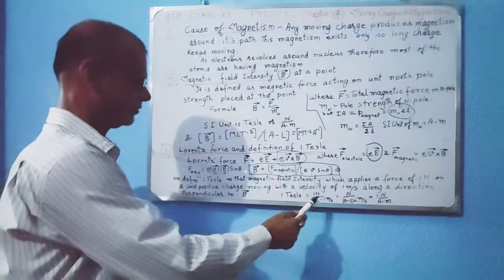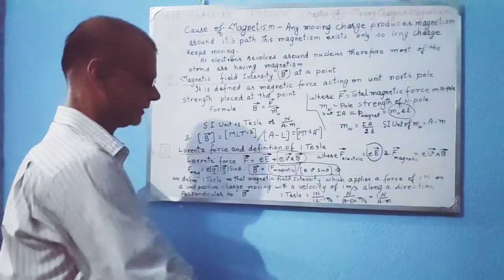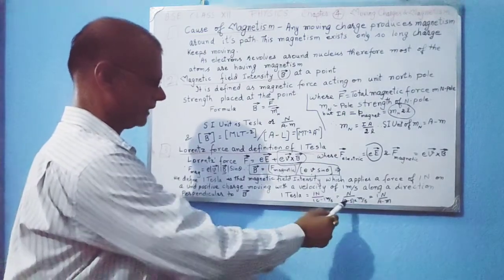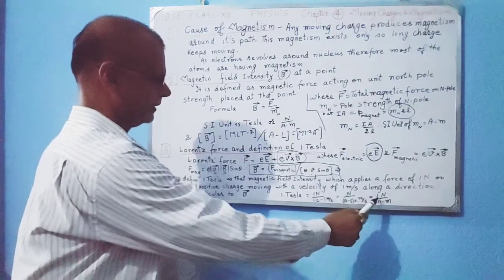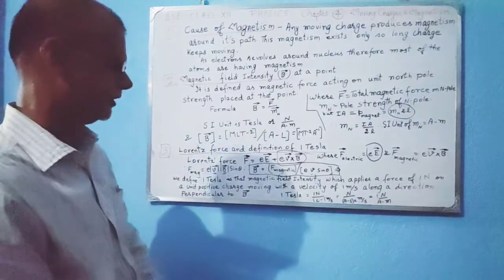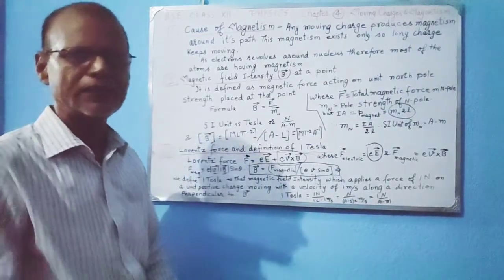So 1 Tesla is equal to 1 Newton divided by 1 coulomb, 1 meter per second. For coulomb we write ampere second, so these two seconds cancel each other, and we are left with Newton by ampere meter. So 1 Tesla is 1 Newton per ampere per meter. That's all for today. Thank you and have a nice day.